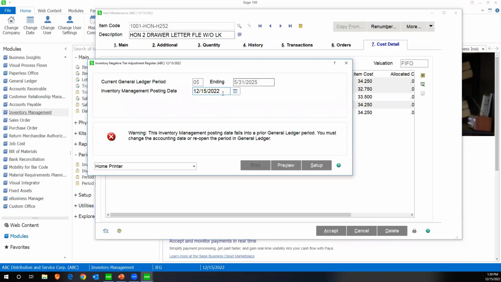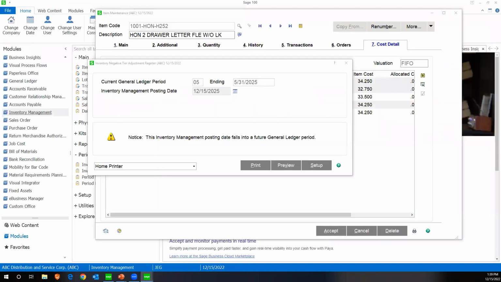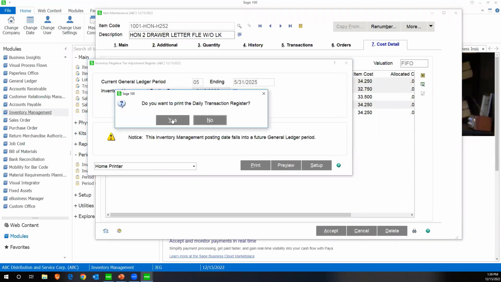So if I run this report, I should just see that one out there that it can fix, because we saw the other ones didn't have enough to fix. Here's that item. It had a negative tier of 8. It's going to apply 8 of them to it. It happened at 34.25. The positive was at 34.25. So I have no GL effect in this case. I'm going to go ahead and update that. Yes. Do I want to run a daily transaction register?